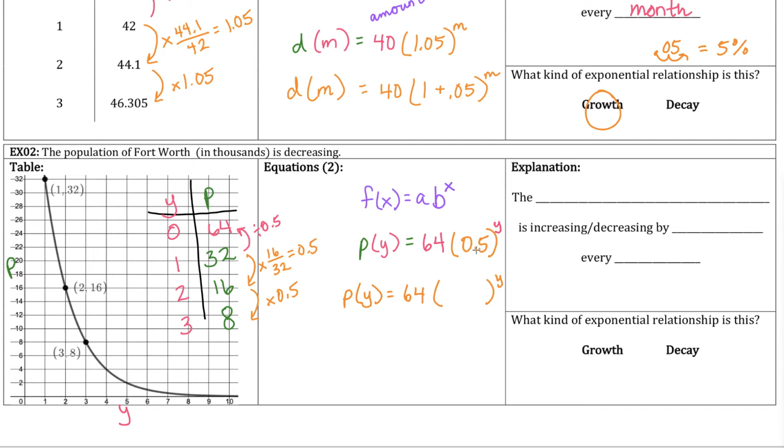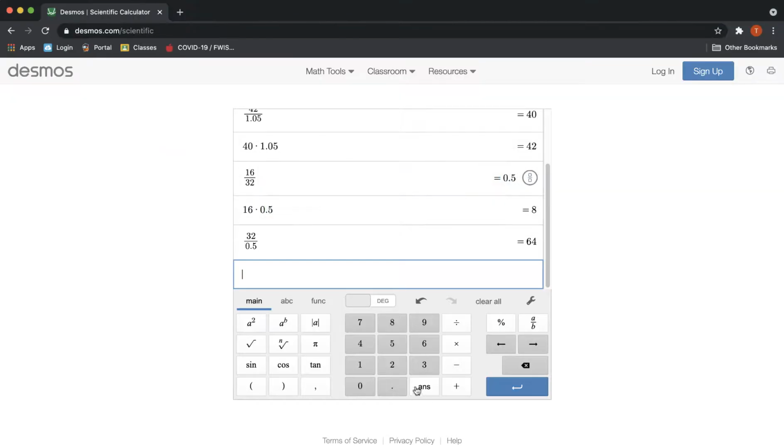Now, I need to figure out how to get from 1 to 0.5. If you don't know, this is 1 minus 0.5. But if you don't know it, let me show you something. You can always use subtraction. Let's say we do it backwards again: 0.5 minus 1. You see how we get negative 0.5?